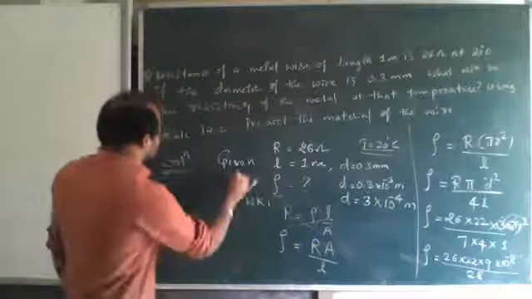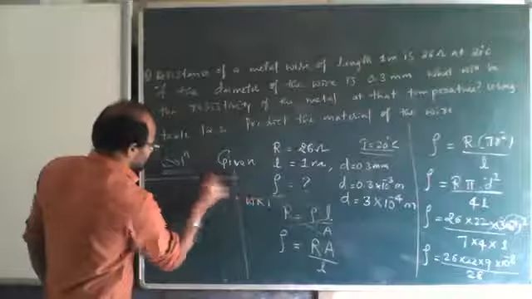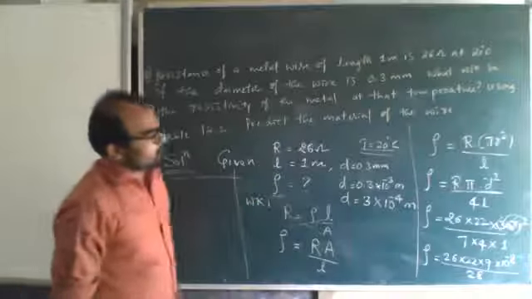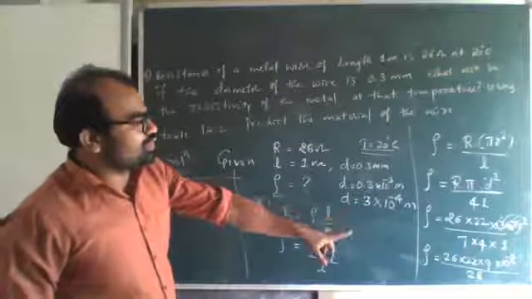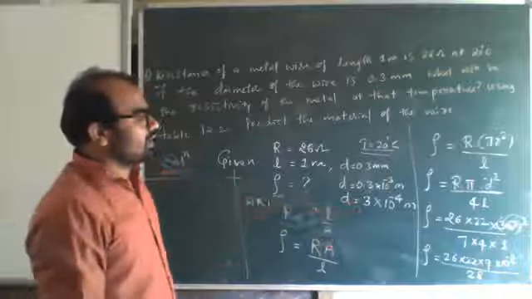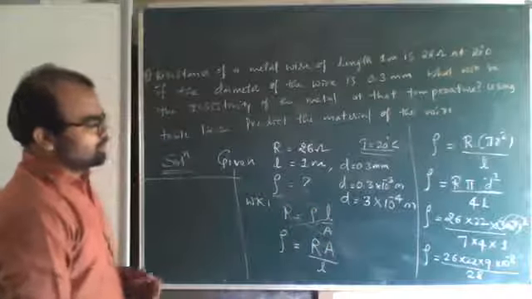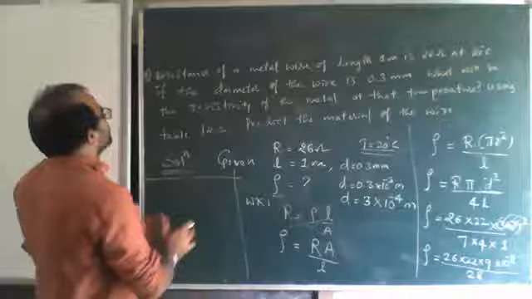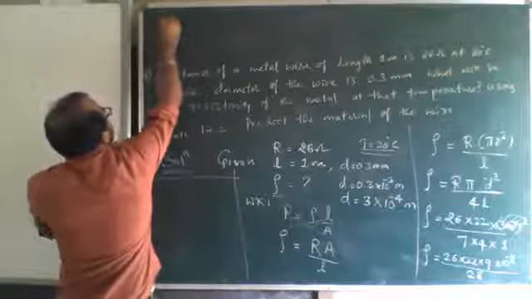Now from that directly you come this side. This part I will solve. Okay. 26 into 22 into 9 into 10 to the power minus 8 by 28. Okay. You have to solve this. You can solve by 26 into 22.